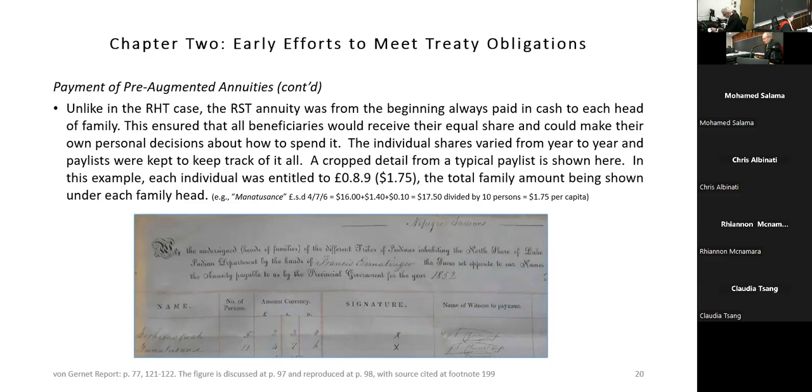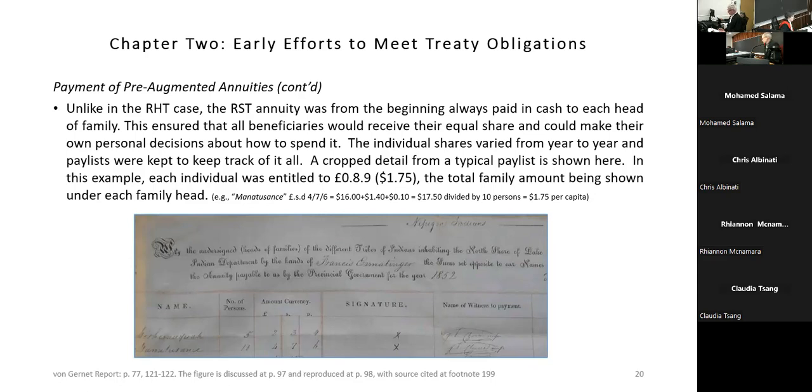And what you have here is from the Nipigon band. So Nipigon, as you know, is much more remote than Fort William. It's literally a 6-day journey back then to get from Fort William to Lake Nipigon. But this particular pay list was not done at Lake Nipigon.